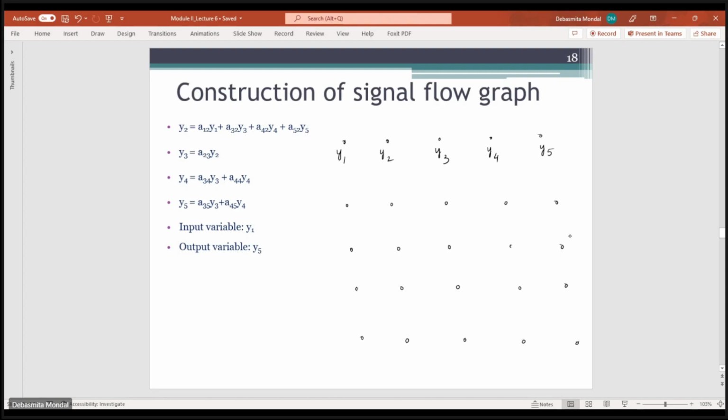So how many incoming branches are there for this y2? So what will be the interconnections between different nodes? We want to find out the value of the variable at y2, that is given by a12 y1 plus a32 y3, a42 y4, a52 y5.